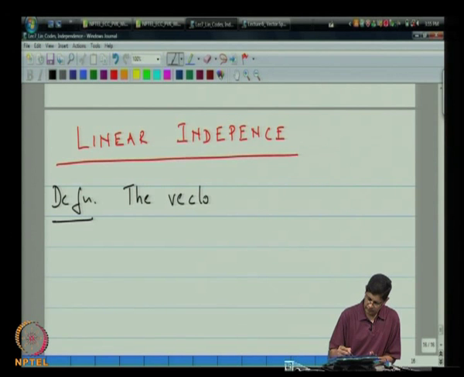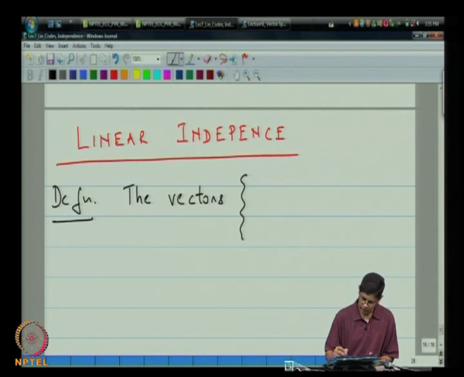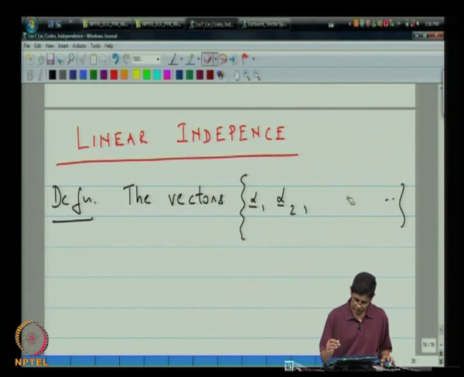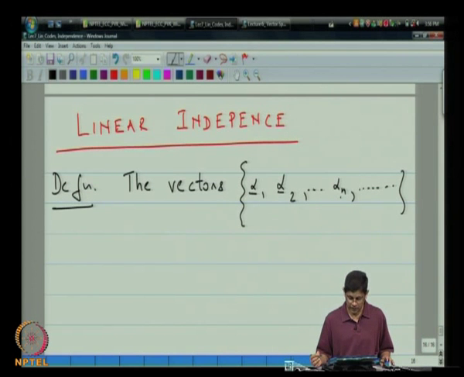The vectors alpha 1, alpha 2, alpha n, dot dot dot. So, let me just make that a little bit clearer. So, this could continue on up to infinity.